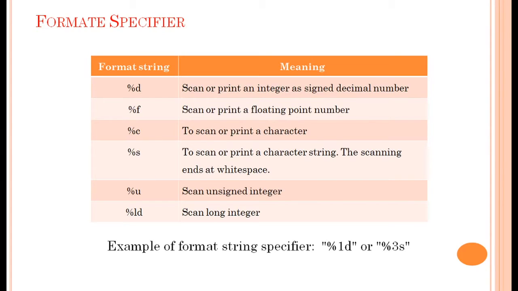Format specifier is used during input and output. It is a way to tell the compiler what type of data is in a variable during taking input using scanf or printing using printf. The format specifiers in printf and scanf are mostly the same, but there are some differences which we will see.